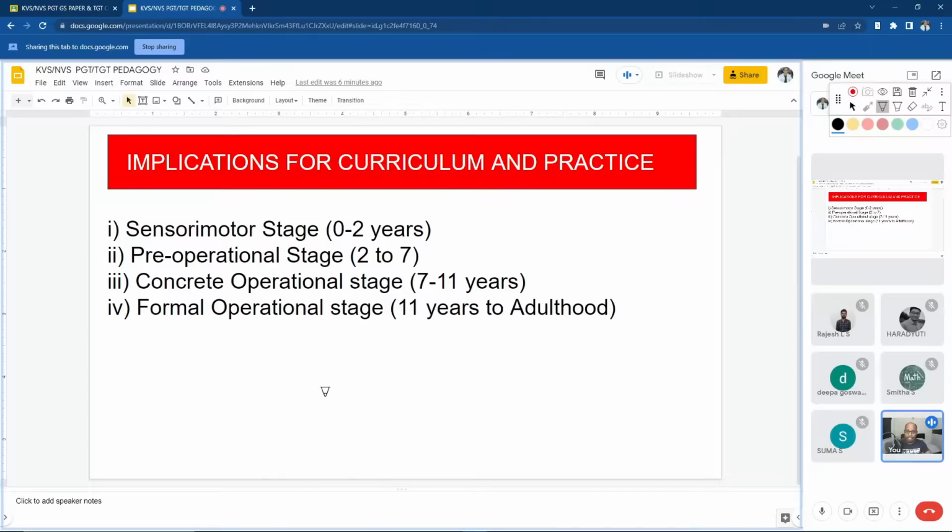Children are divided into different categories based upon their age, and what is the most important or active part in that stage. So 0 to 2 years is considered the sensory motor stage, 2 to 7 years the pre-operational stage, 7 to 11 years the concrete operational stage, and 11 years to adult the formal operational stage.